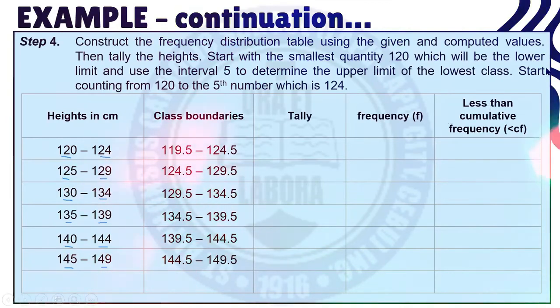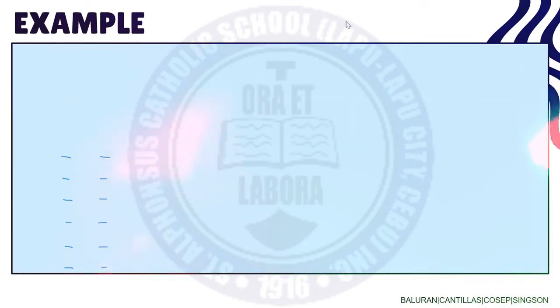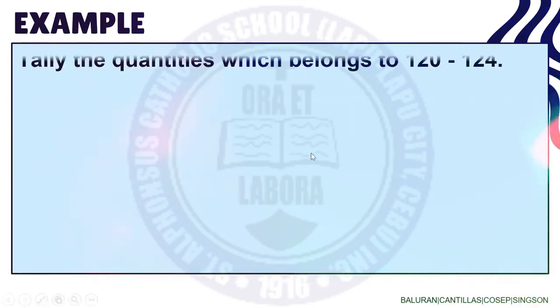So after identifying the class boundaries, we will now tally the given quantities. So we have to begin with 120 to 124.